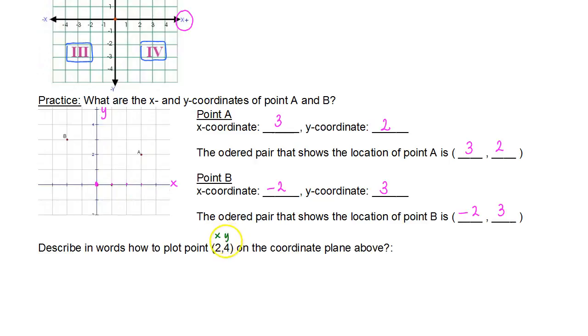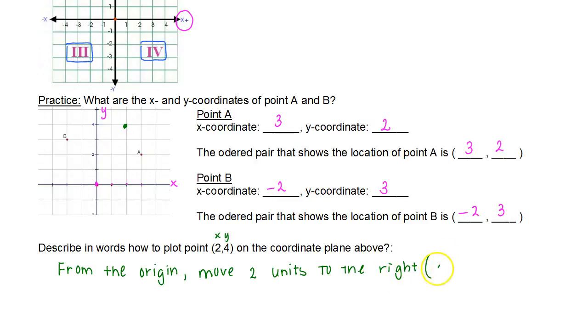The y-coordinate is positive 4, so from 2 on the x-axis, I will now move up 4 units on the y-axis, so up 1, 2, 3, 4, and that is where 2, 4 would be located. So now if we describe that in words, we always want to make sure we are clear that we start from the origin. So from the origin, which remember has the ordered pair 0, 0, we first move 2 units to the right.